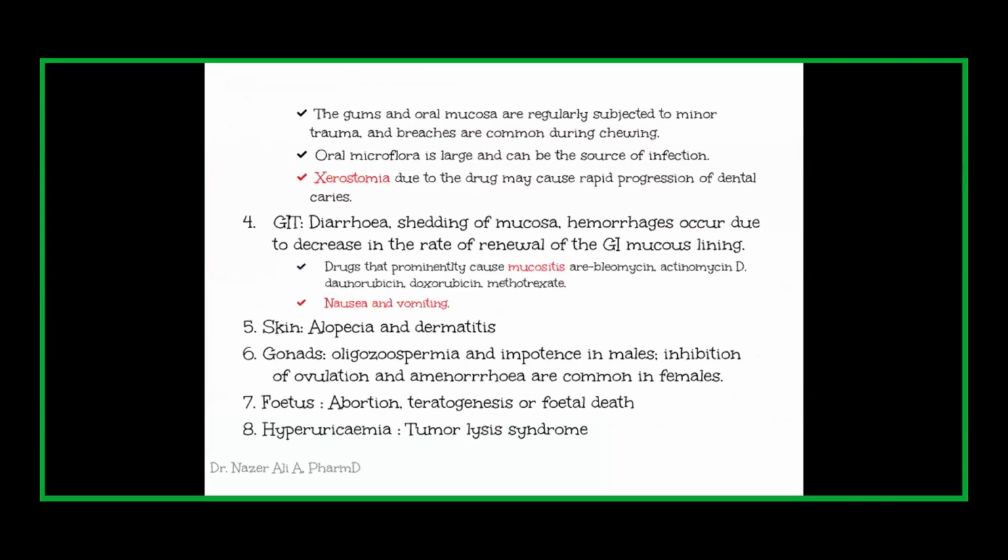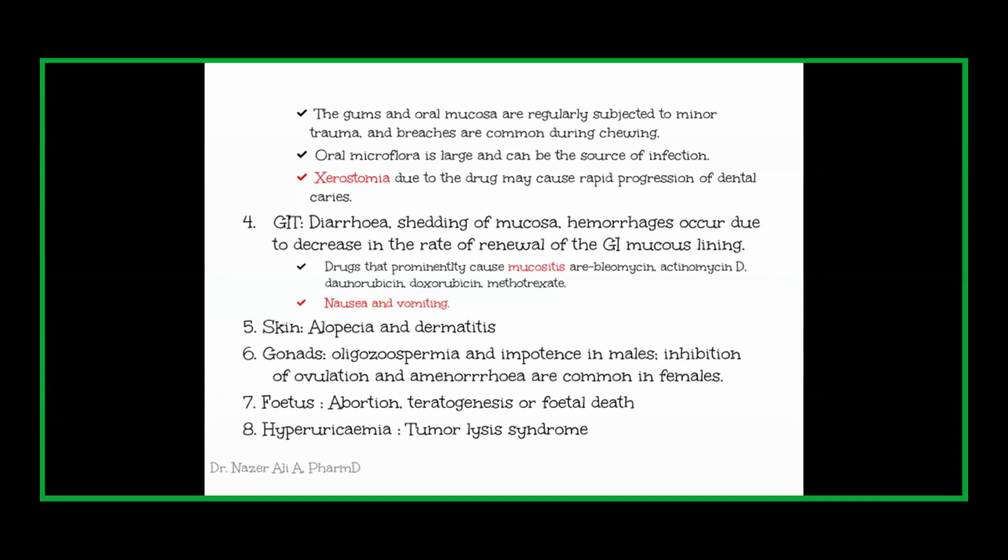Then we have xerostomia, which is a dry mouth that most patients experience. Regarding the gastrointestinal system, there is a chance of diarrhea and constipation. Both may occur depending on the nature of the drug. Most patients will also experience nausea and vomiting, which is a major topic: chemotherapy-induced nausea and vomiting. All the chemotherapeutic drugs tend to cause alopecia and dermatitis, and they may also cause impotence, oligospermia, inhibition of ovulation and amenorrhea.